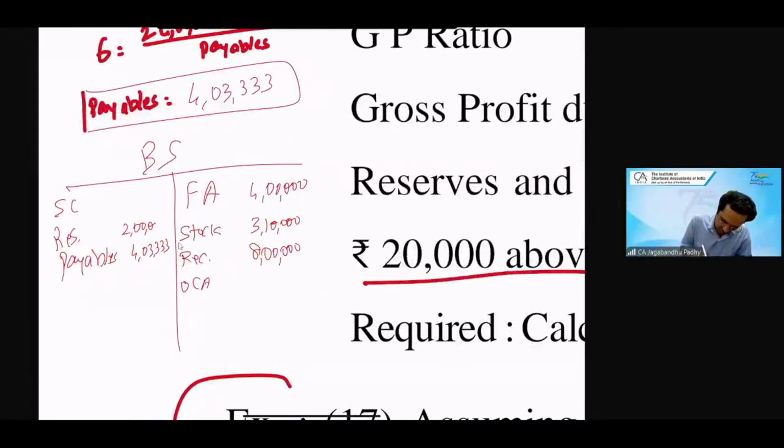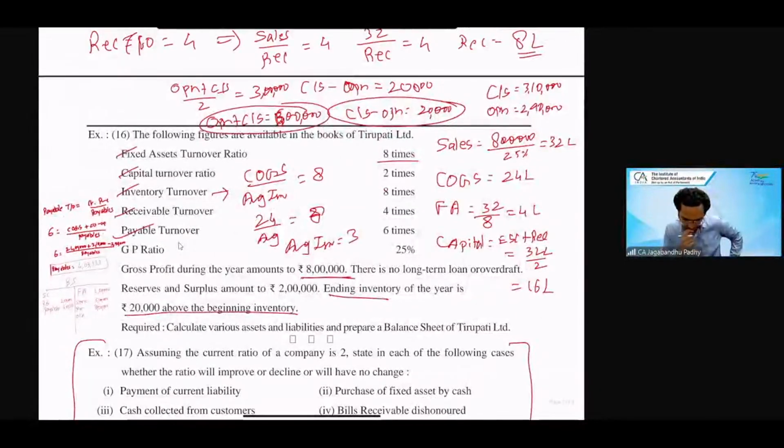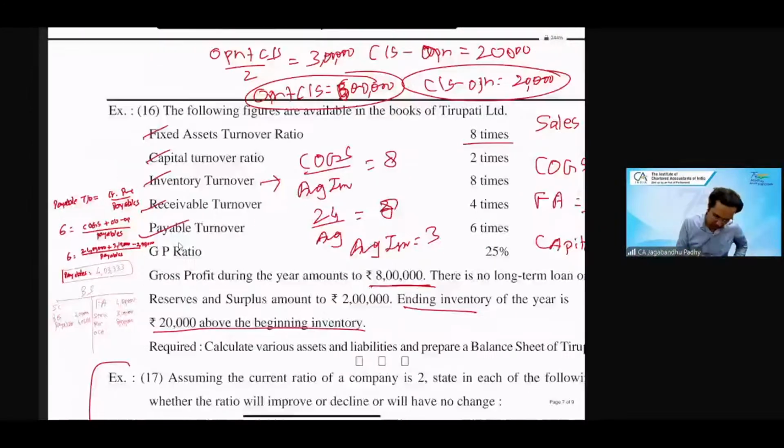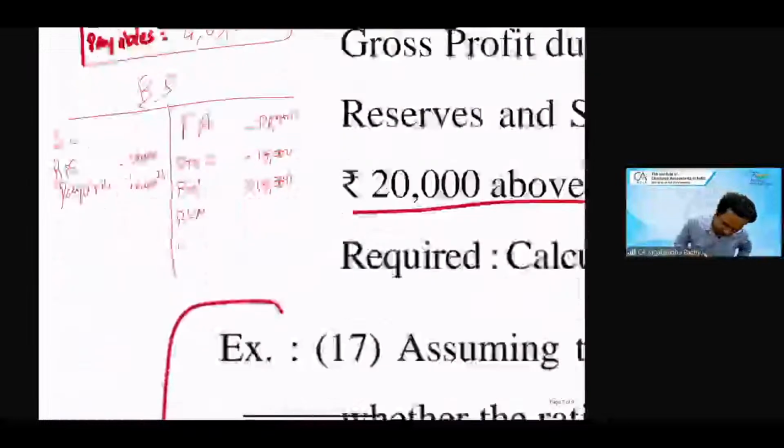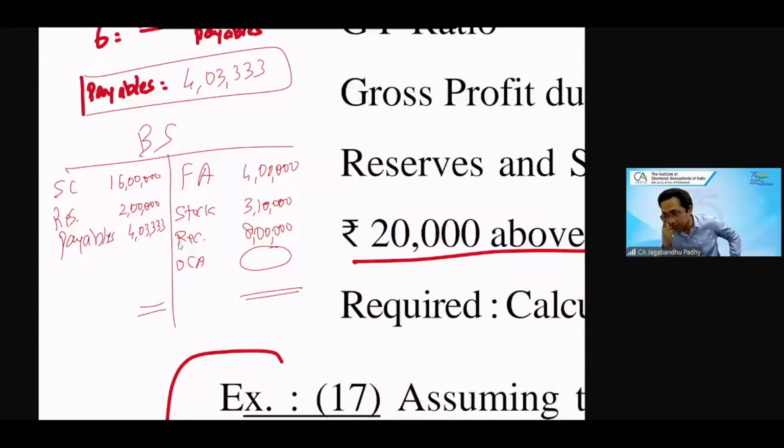So what will be the share capital? Share capital is 16 lakh. And of course, this will be your balancing figure as the other current asset. So what's the balancing figure for other current asset?